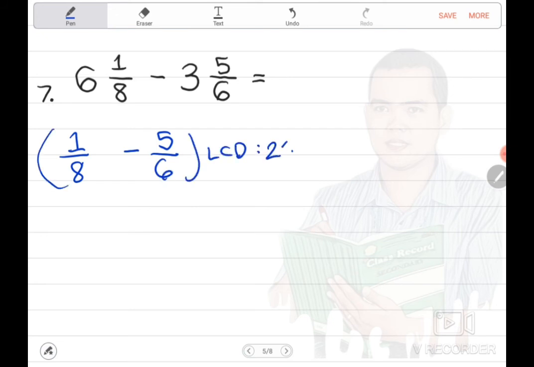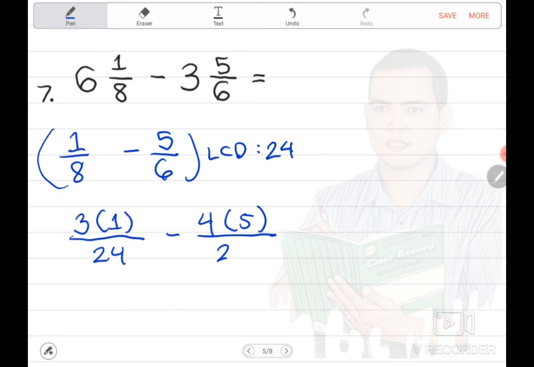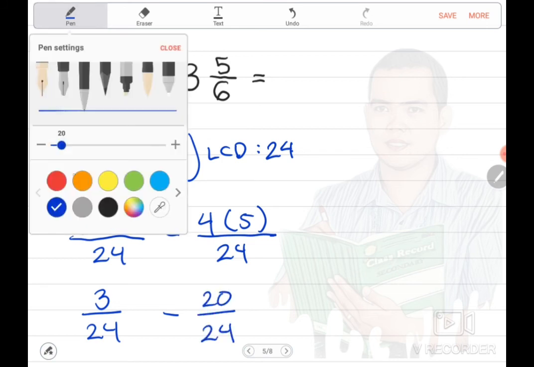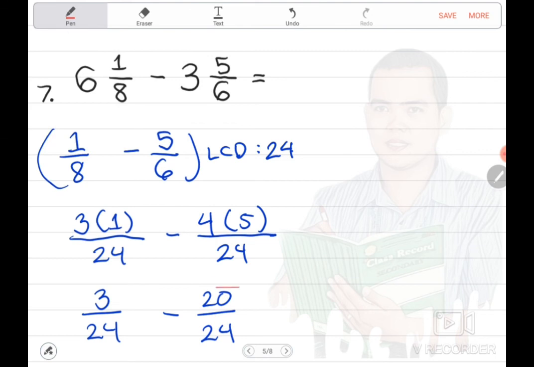What is the LCD? The LCD is 24. So 24 divided by 8, that is 3 times 1 all over the LCD, which is 24, minus 24 divided by 6, that is 4, times 5 all over the LCD, which is 24. That is 3 over 24 minus 20 over 24. As you can see, the numerator of the minuend is smaller than the numerator of the subtrahend.